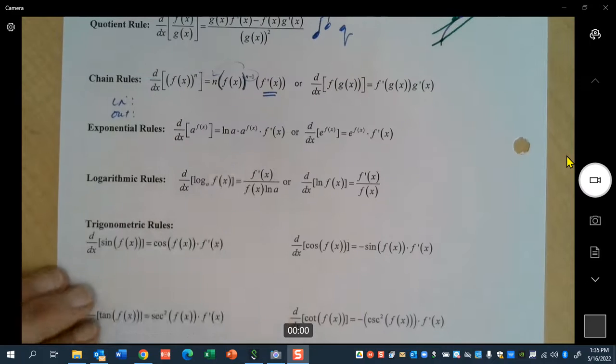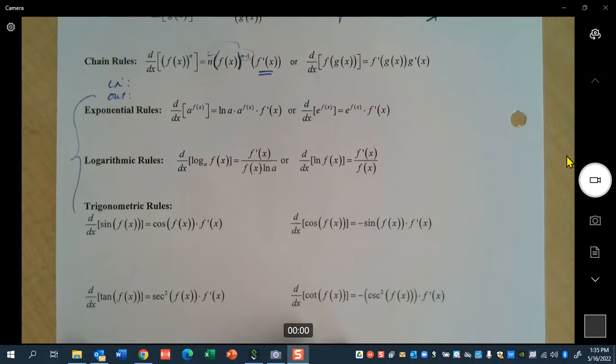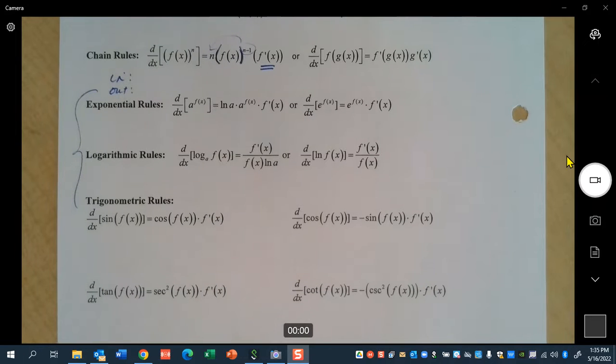Now, as far as our exponential, logarithmic, and trig rules, they're all on the back. And those are the ones that if you use them enough, they'll commit to memory. But if you don't use them enough, like a Post-it note on a car going down the highway at 106 miles an hour, gone, right? So if you ever need those rules, again, there they are, or there'll be something that you can Google.